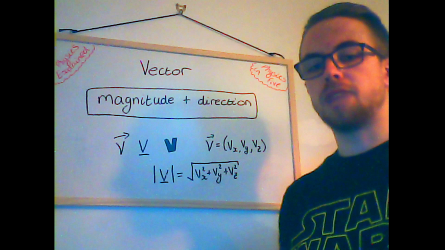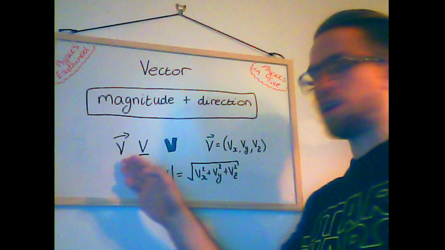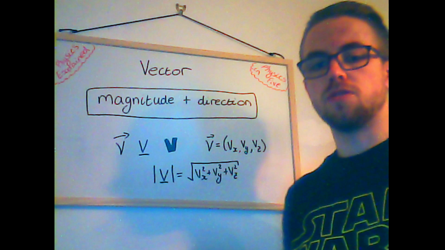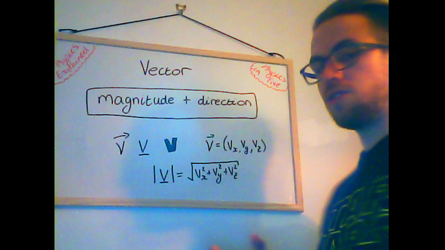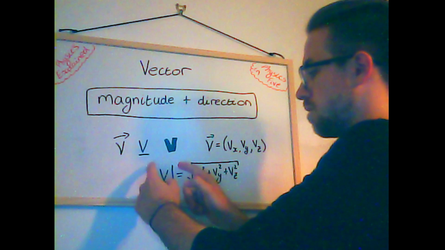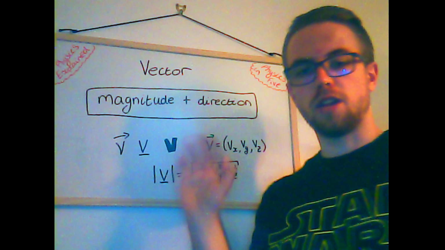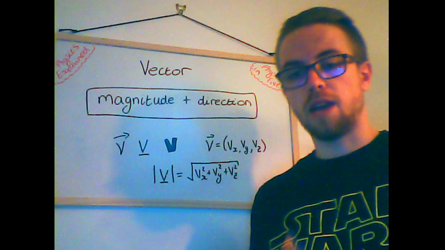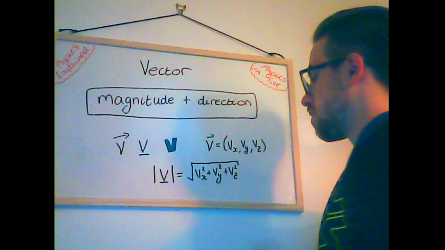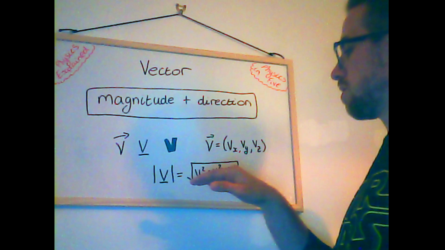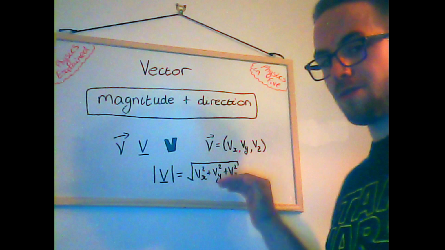You tend to write them down by hand differently. Most people use either or, and as long as you define them and stick to them, it's not such an issue. The magnitude of a vector is notated by using these 2 lines. Sometimes there's an extra line on either side, not to get confused with the absolute value, and this is simply the sum of the squares of the coordinates, square rooted.